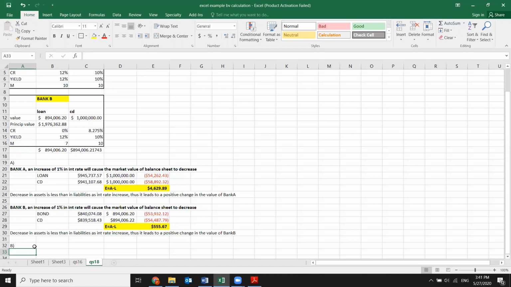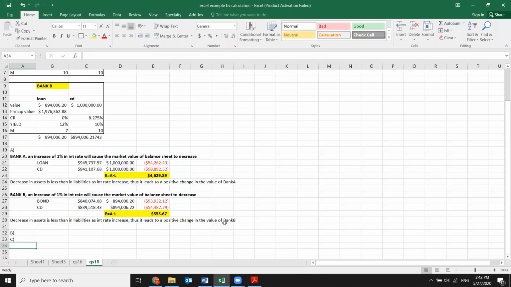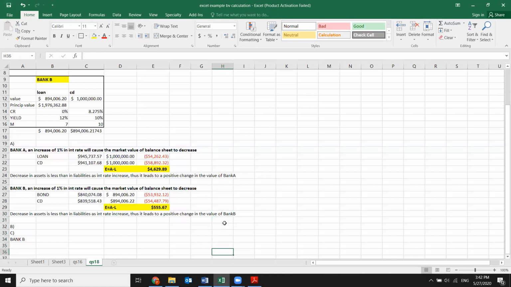And part C, now is the turn to verify our calculation. Let's start from Bank B then. Bank B, it's time to go with a CD. We start with our financing.